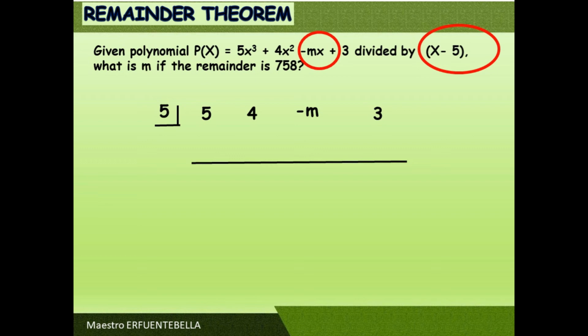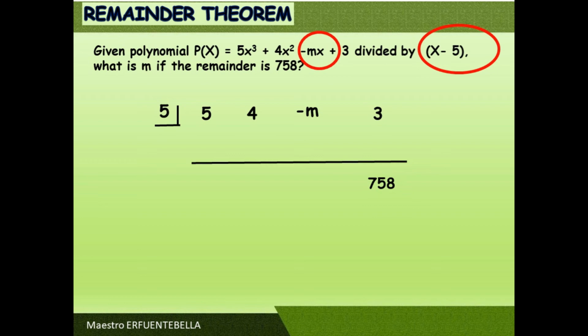Since the remainder is given as 758, we can automatically write that as the last term, the remainder of dividing the polynomial by x minus 5.